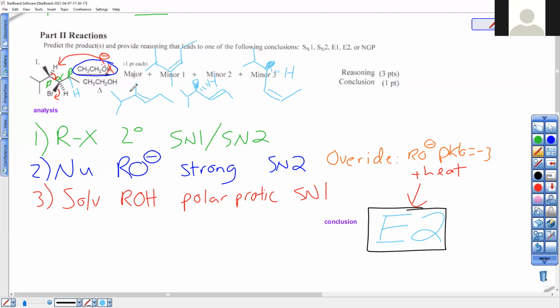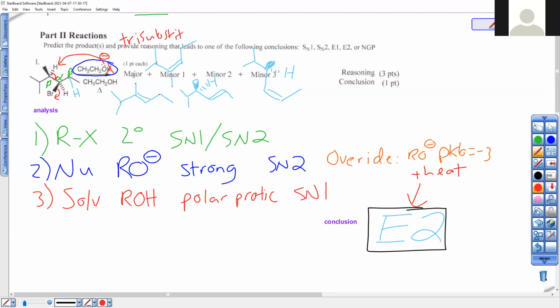They have 3 carbons attached to the alkene. I'll put dots on them. 1, 2, 3. 1. No, that's not attached to the alkene. 1, 2, 3. We call those tri-substituted.